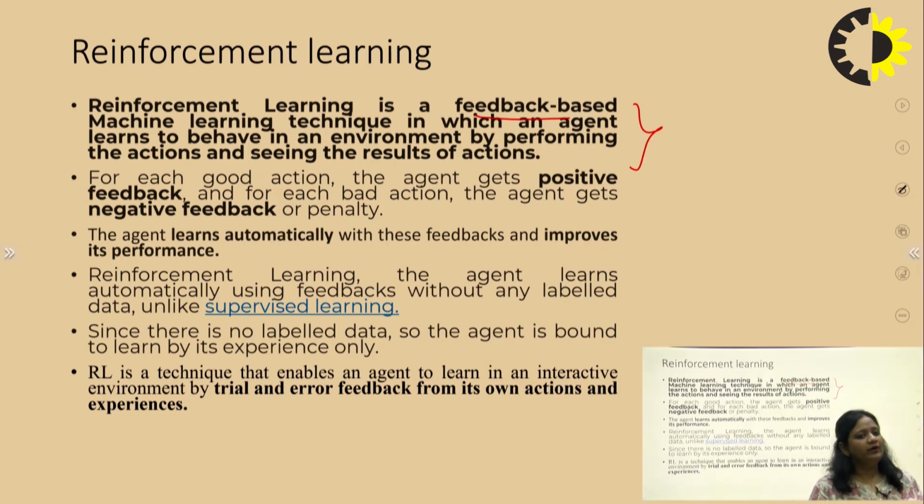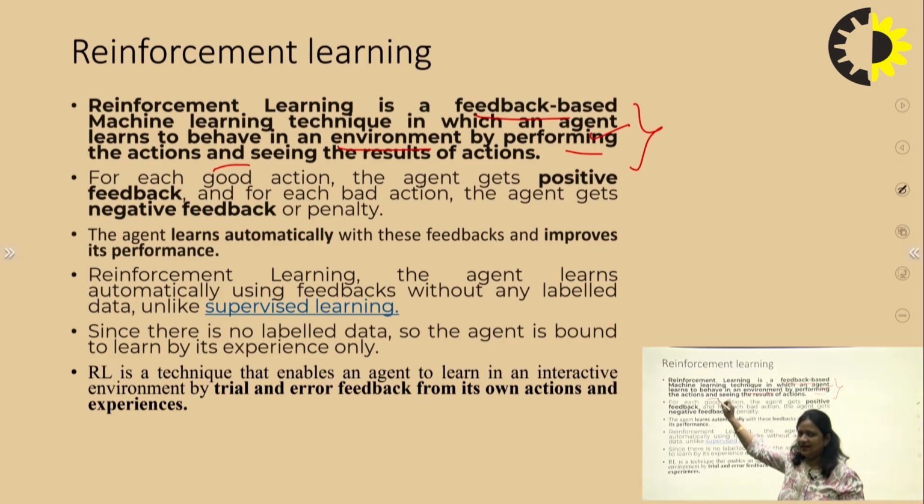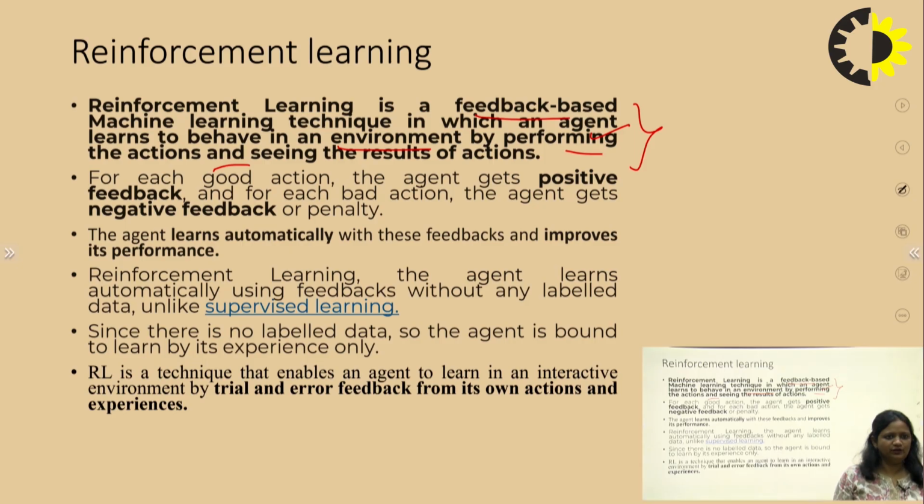So reinforcement learning is a feedback-based machine learning technique in which an agent learns to behave in an environment by performing some actions and seeing the result of an action. For each good action, the agent will get positive feedback, and for each bad action, the agent will get negative feedback or a penalty.